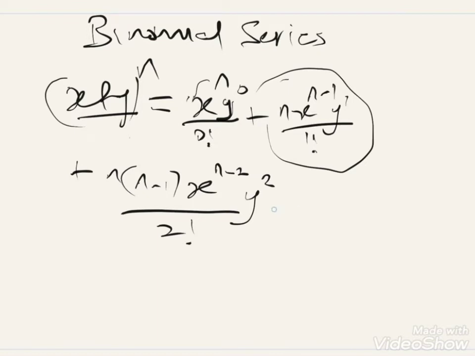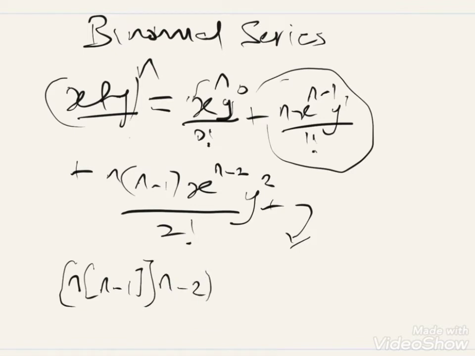So, let's do the last one. For us to have the fourth term, we multiply n bracket n minus 1, multiply by n minus 2, then x raised to the power n minus 3.